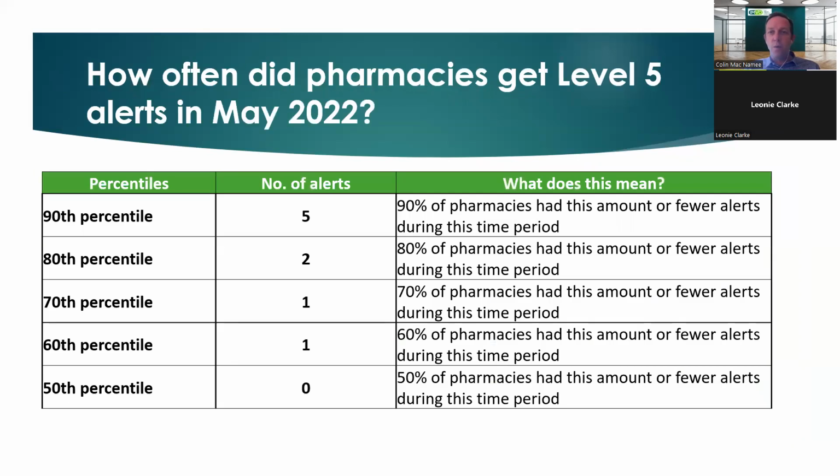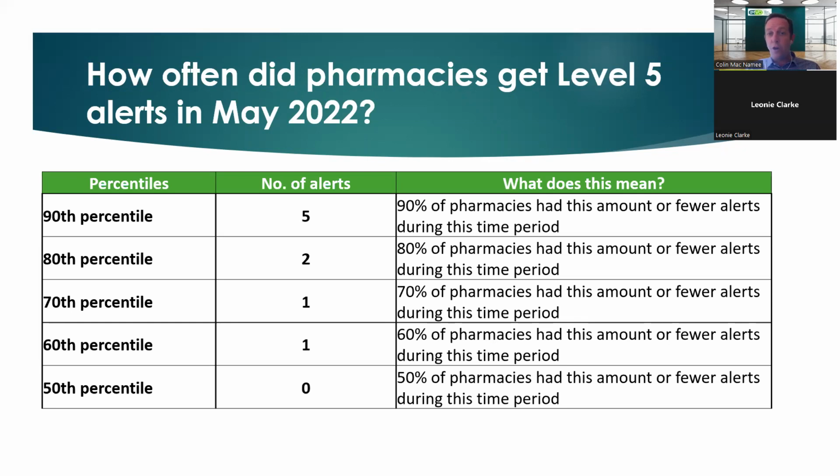So I'm talking about alerts, and think about how often did pharmacies get level 5 alerts in May, so last month. So we looked at the data over the course of the last month, and essentially 50% of pharmacies had 0 alerts last month. You can see that goes up in the 60th percentile.